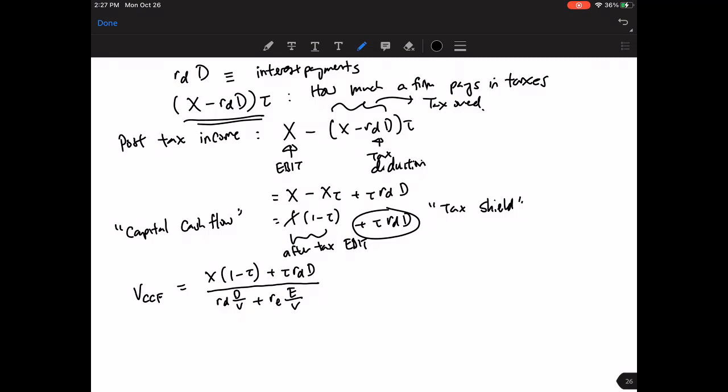We're just looking at EBIT plus any tax shields and assuming this amount is the same forever. So this should look like our C over R, where R was our discount rate for an infinite stream of cash flow, C.